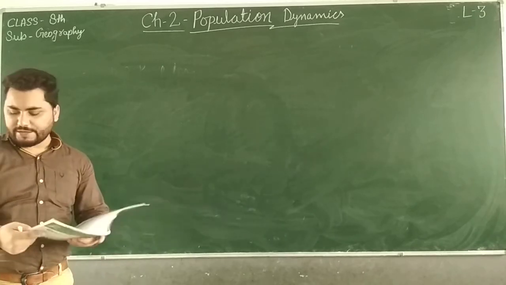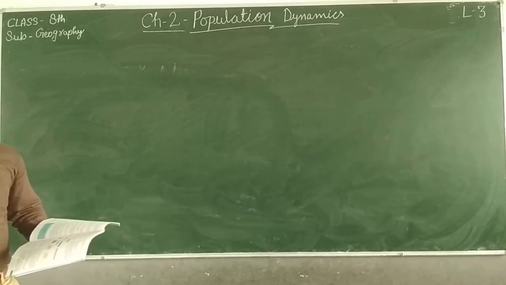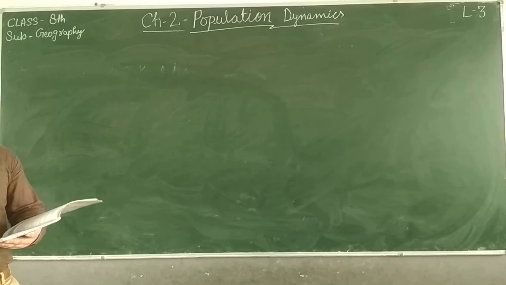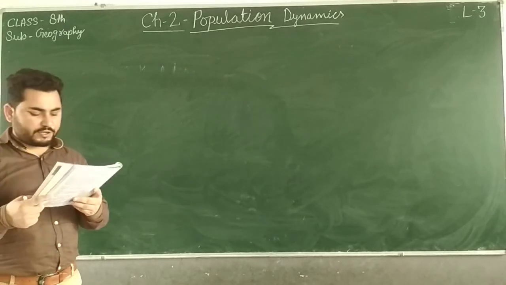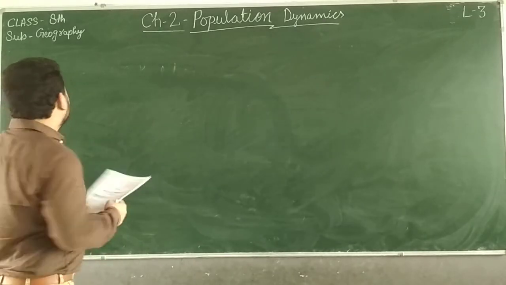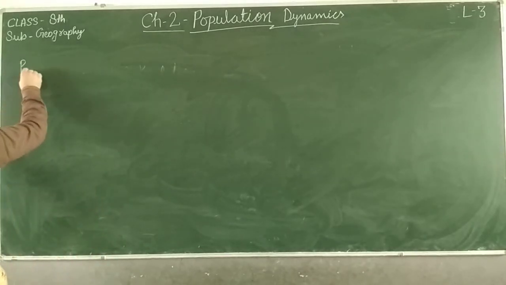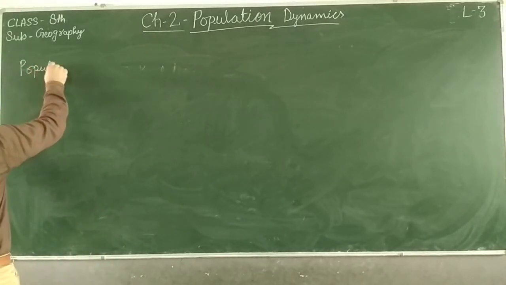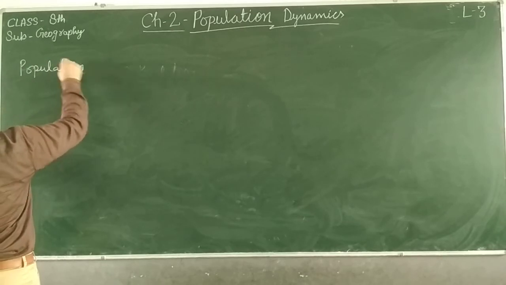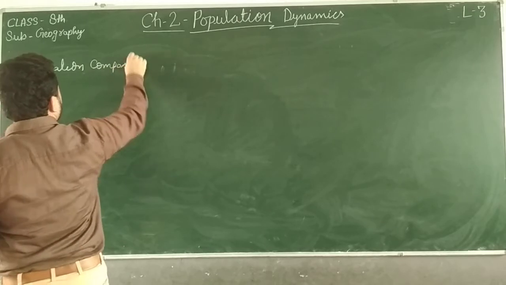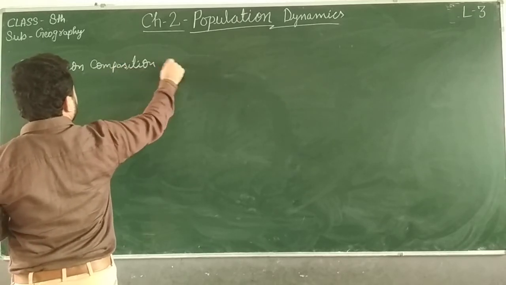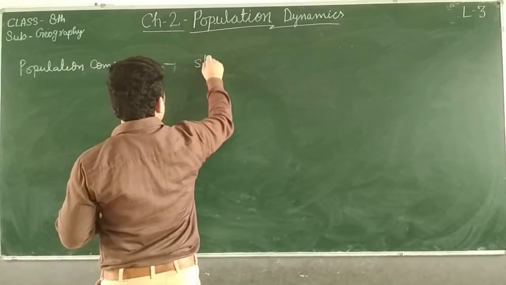So age, sex, rural and urban population, that is called population composition. It means the structure of population.